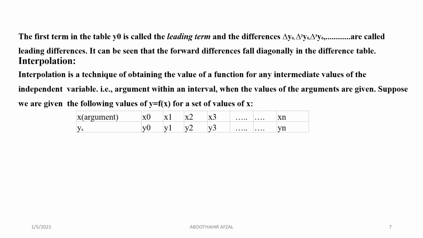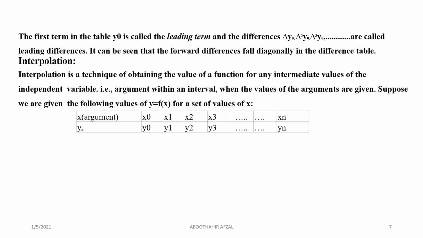Now I want to find a value of y for an x value that is not in the table. After x0 it is x1, so I want to find x0 plus h by 2, that means the midpoint of x0 and x1. That is not in the table.